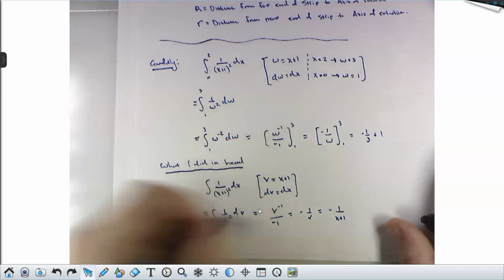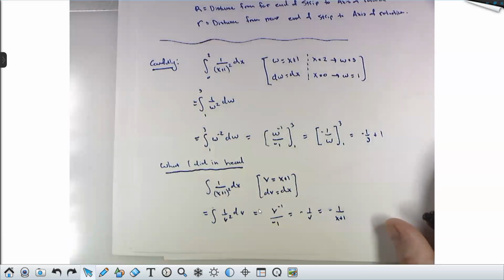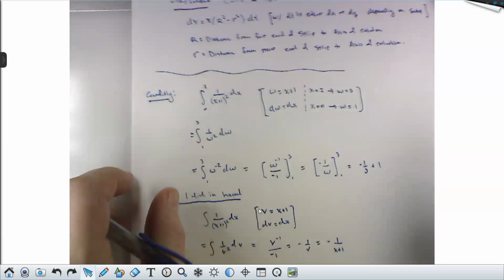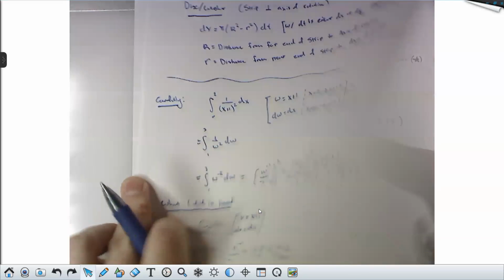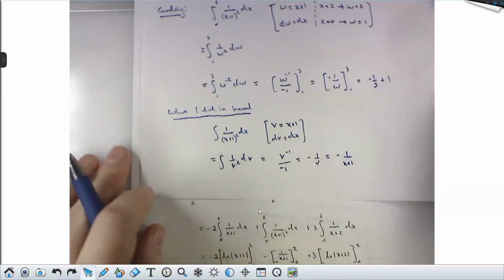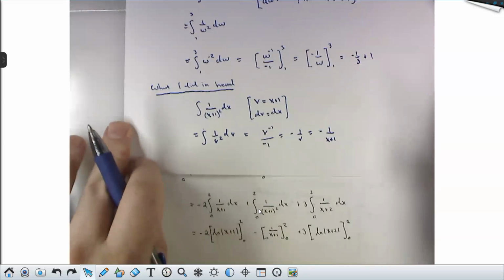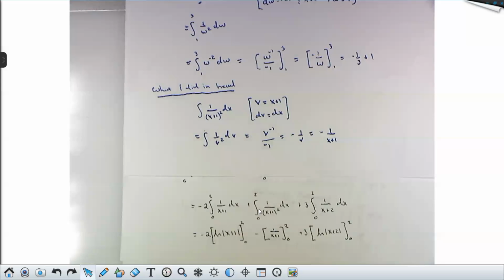Since it's pretty easy to go through each of these steps in your head without writing anything down, I can conclude what my antiderivative should be without going through any of those procedures. The minus I put out here. So I would say if you can do this in your head, then you can jump from here to here and not worry about changing bounds.